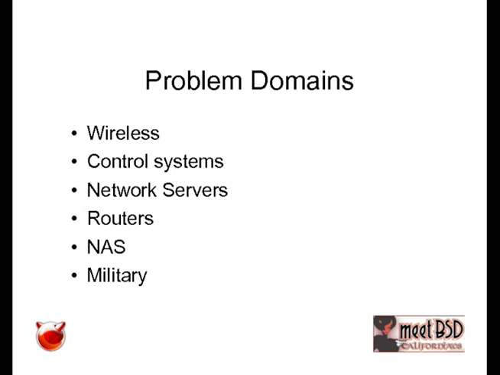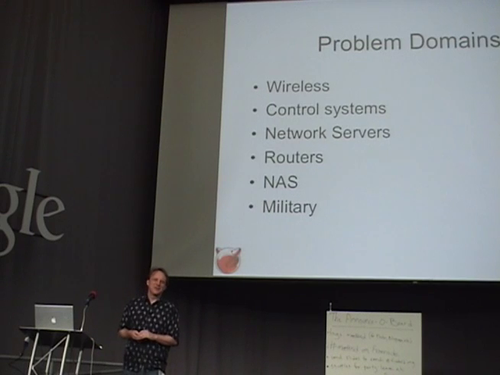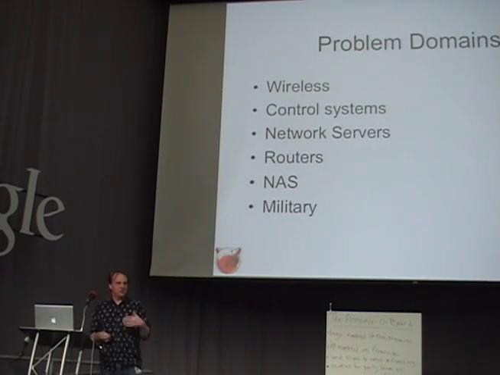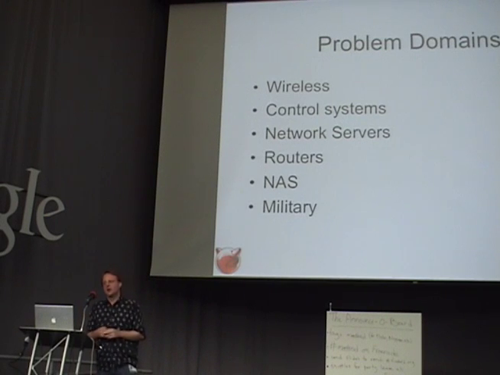Another area that FreeBSD has done very well in is network servers and routers. There's at least one major router company, Juniper, that uses FreeBSD, or they use a variation of FreeBSD called Junos in all their routers.